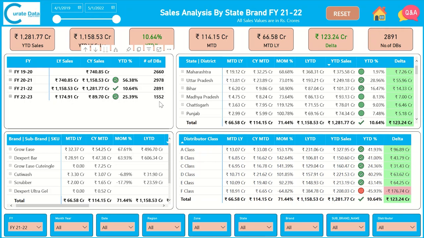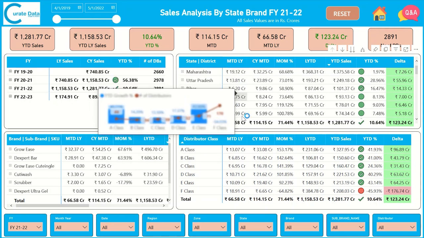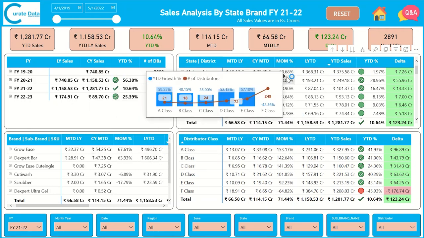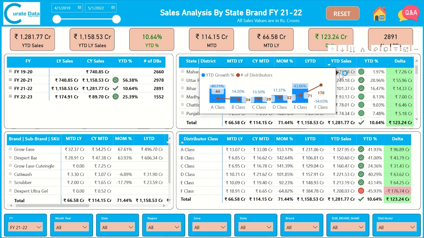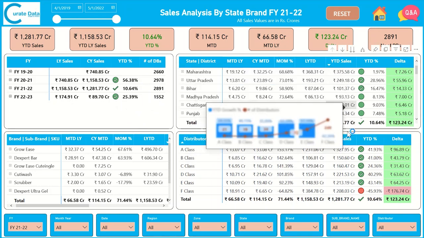So now we have understood how my sales is growing or degrowing year on year. Now I have to see one particular year, let's say the current year, or in this case, I have taken financial year 21-22 out of this filter and see how my state is going. So if we see this particular table, I have this state wise month till date sales data, current year, then my month on month percentage, my last year YTD, and my YTD sales for this current year.